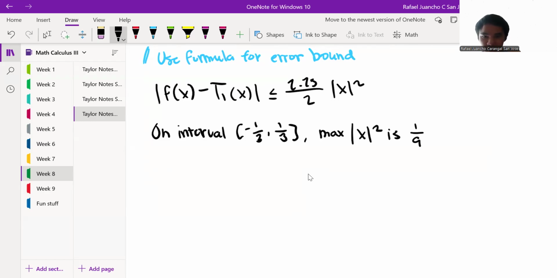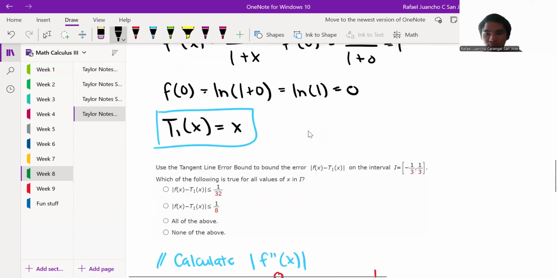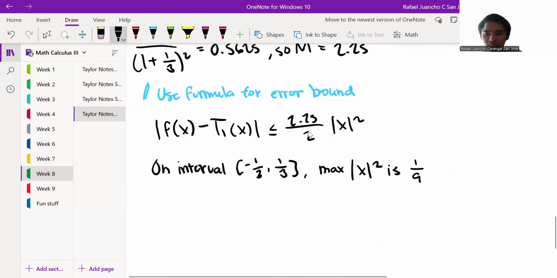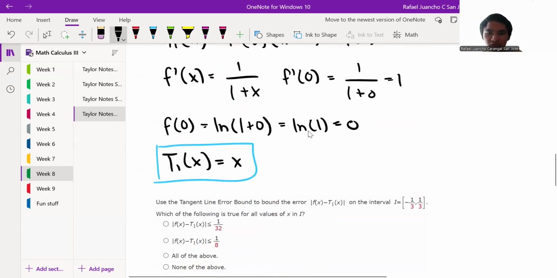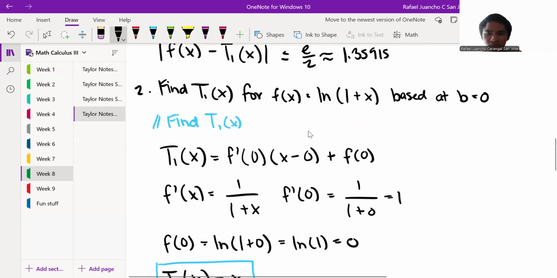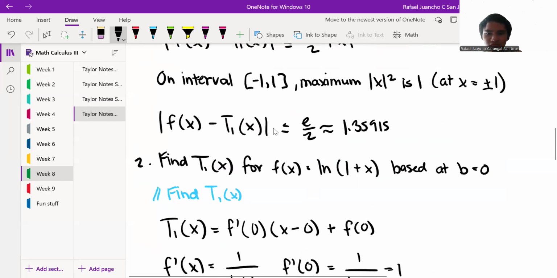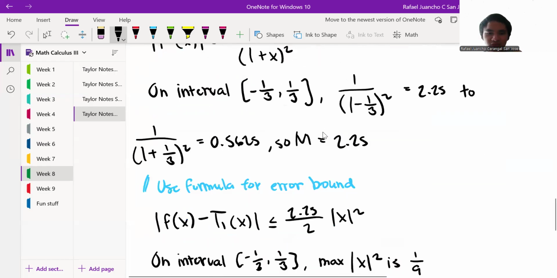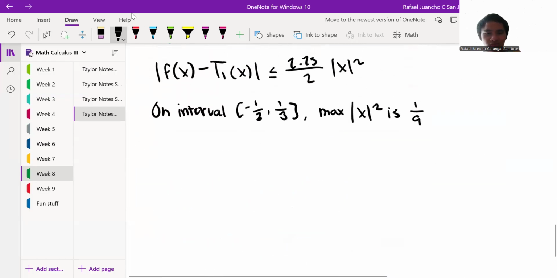Because I just plug it in here, I get 1/9. Great. So what does that do now? Well, once I get that, I just have to plug it in here, right?